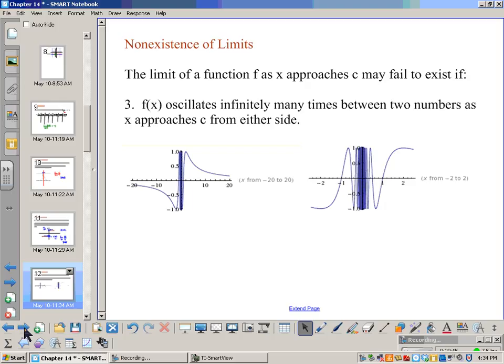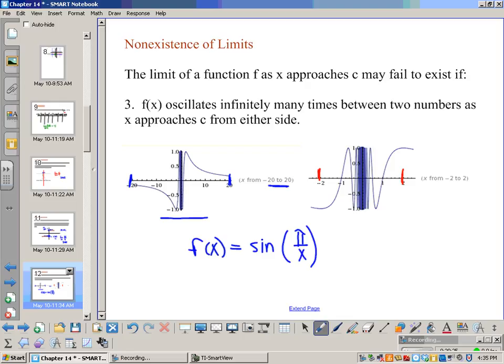And then the last example is when f of x oscillates infinitely many times between two numbers as x approaches c from either side. Here we have the function f of x equals sine of pi over x. You might graph it the first time, and you notice this first graph is between -20 and +20, and you say, okay, maybe I need to take a closer look at that, so I'm going to change x from -20 to +20 to -2 to +2, and you notice that it still looks pretty bad.